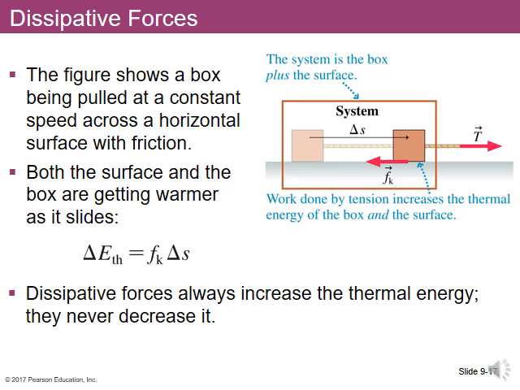We know that the change in energy of a system equals work, and we know that work is equal to force times distance. So usually we can calculate how much thermal energy increases in a system by calculating how much work is done by friction, because friction is the main force that will increase the thermal energy of a system by doing work on it. How much work is done by friction is the friction force times the displacement.